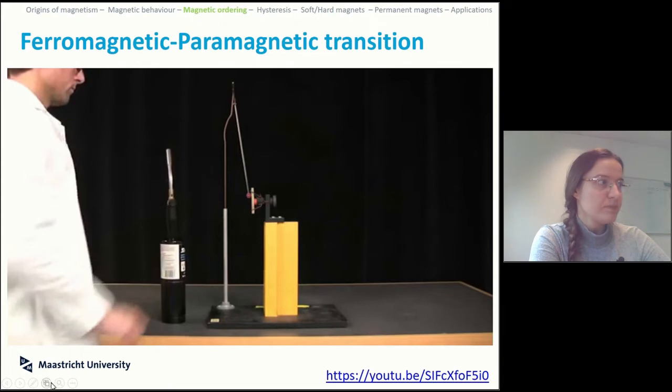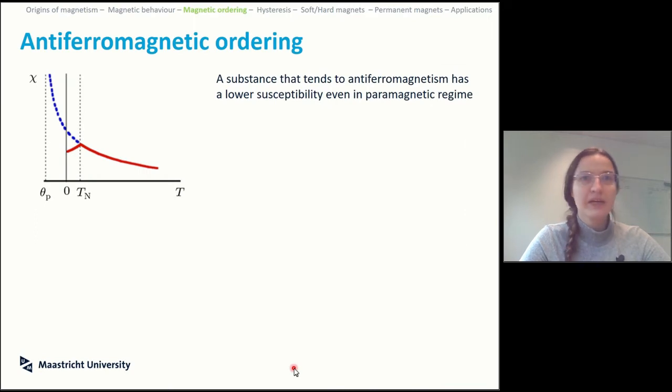So now if I go back to my flashy laser pointer and we try to go on, we have another option of magnetic ordering, which is antiferromagnetic ordering. An antiferromagnetic substance will get towards a state that has a lower susceptibility than a normal, fully disordered paramagnetic regime.